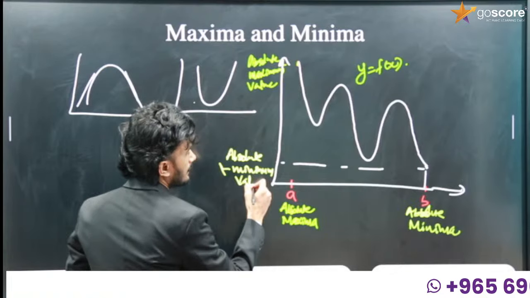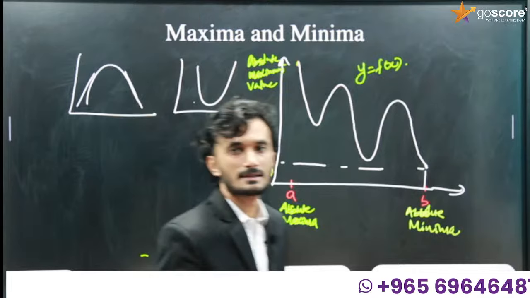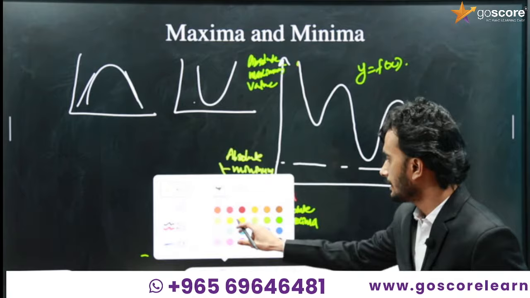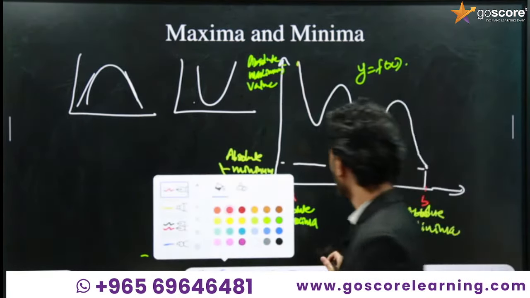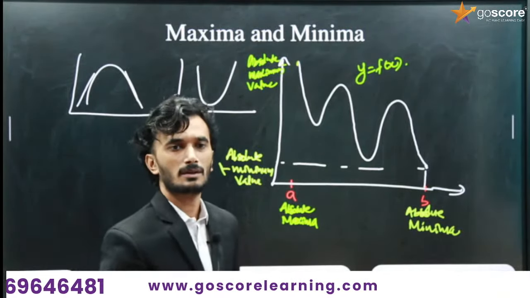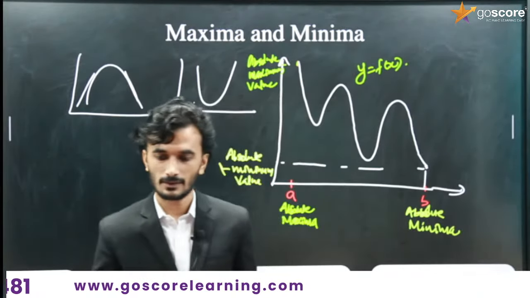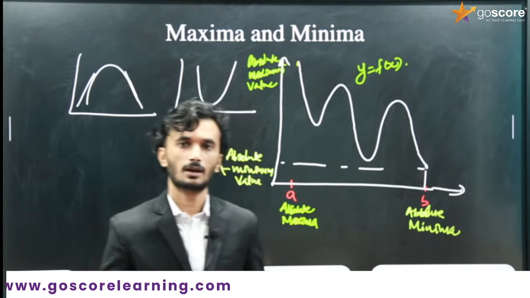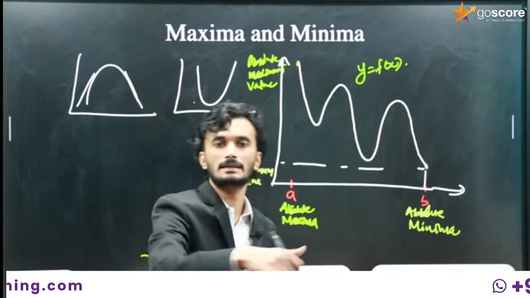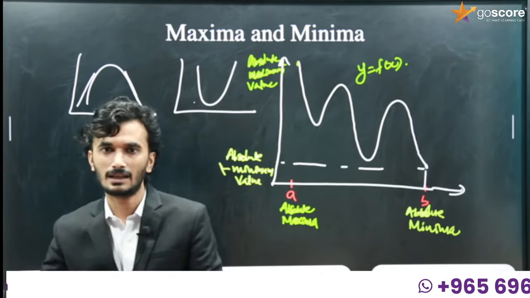Next, I will explain about local maxima and local minima. So, what is local? Sometimes we say that we are locals. That means we are in a particular place, we are a local of that area.